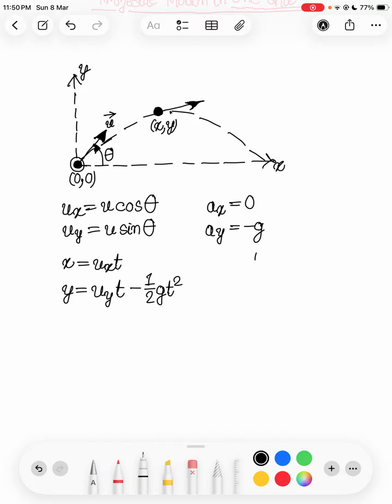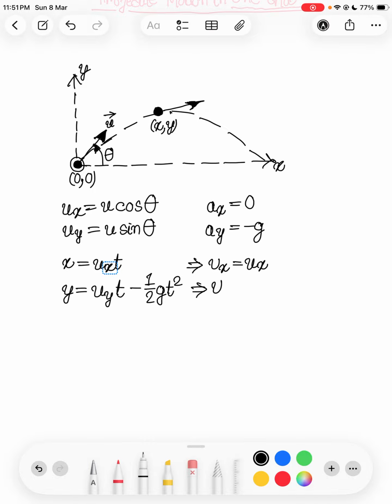Now we can differentiate both of these to get the instantaneous velocities. So vx will be nothing but your ux, this doesn't change, it is constant.